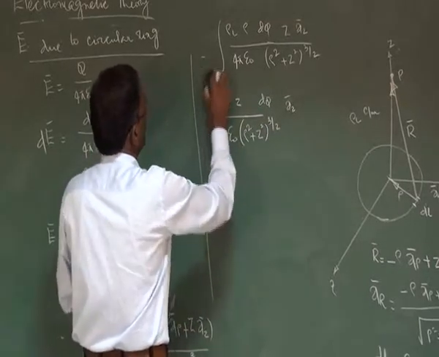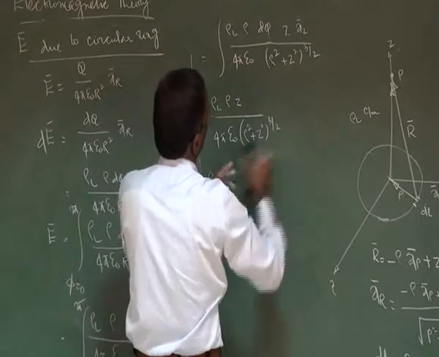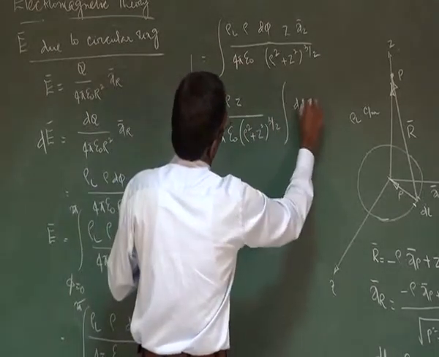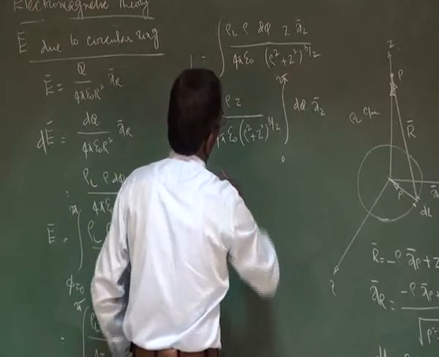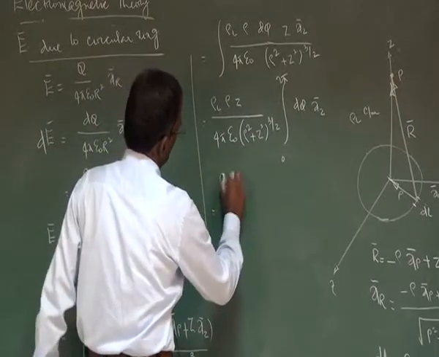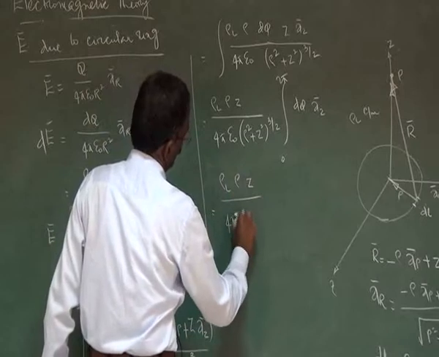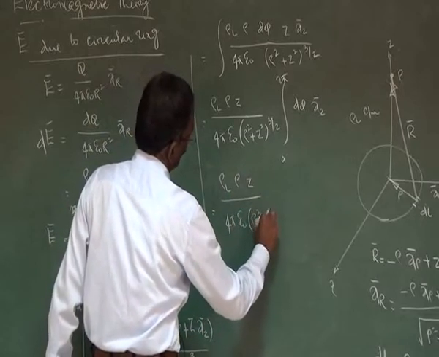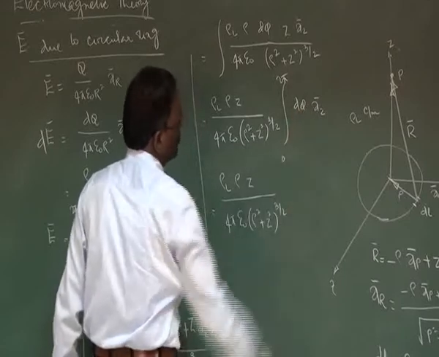So I am taking them outside. Let me write this way, d phi a z. All are constants, so I am bringing them outside of the integration.